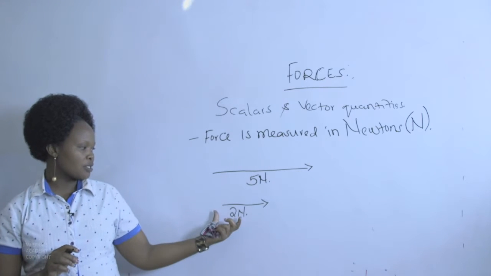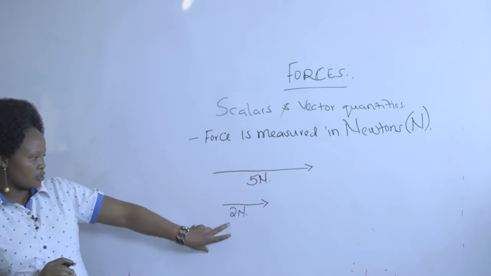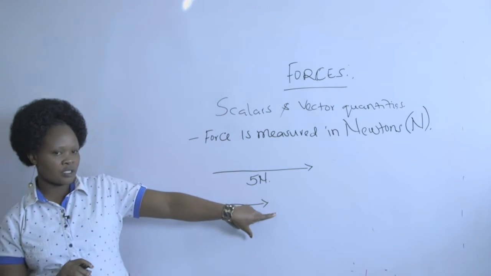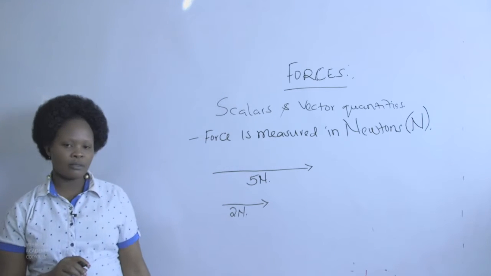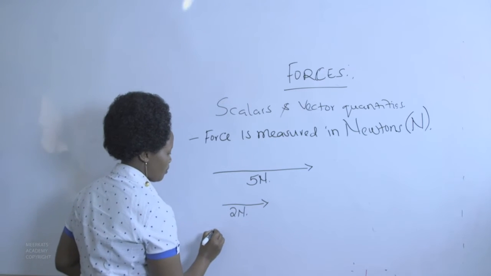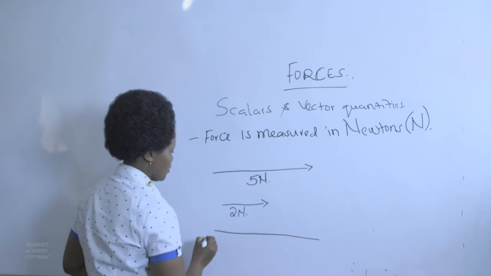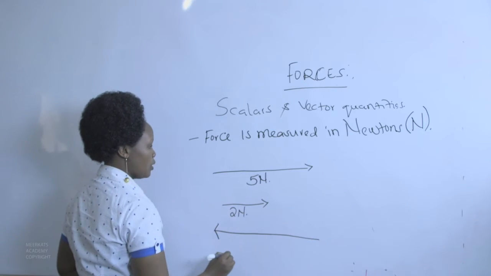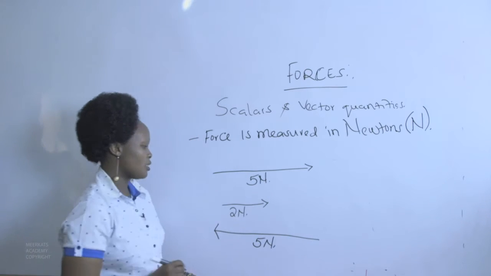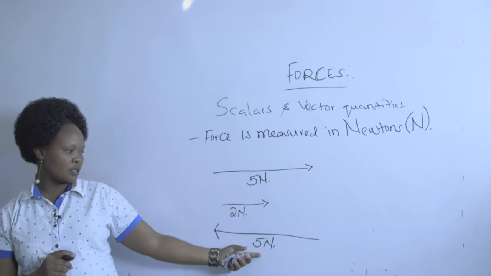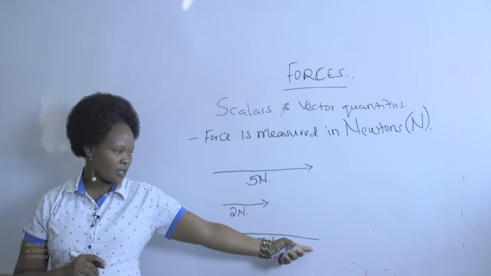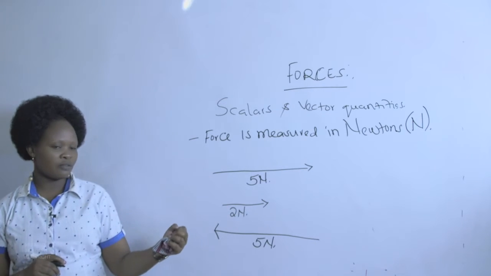Now we could say the size is 2, the units are the newtons, and the force acts in the same direction as our first one. Now look at this. Again, let us assume the size is 5 newtons. So you look at the length of this line. It is actually equal to the first one.